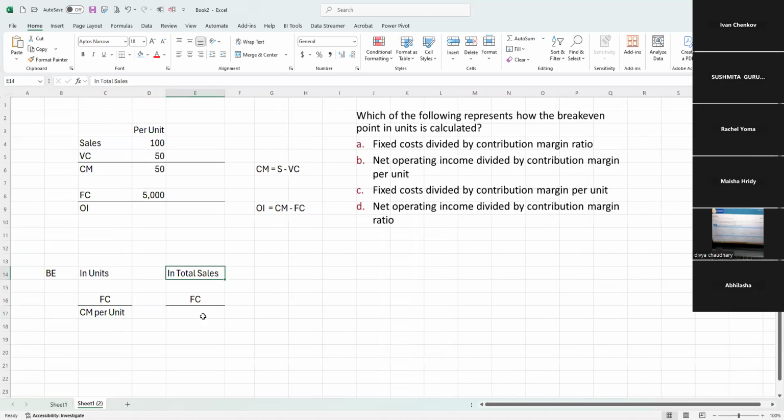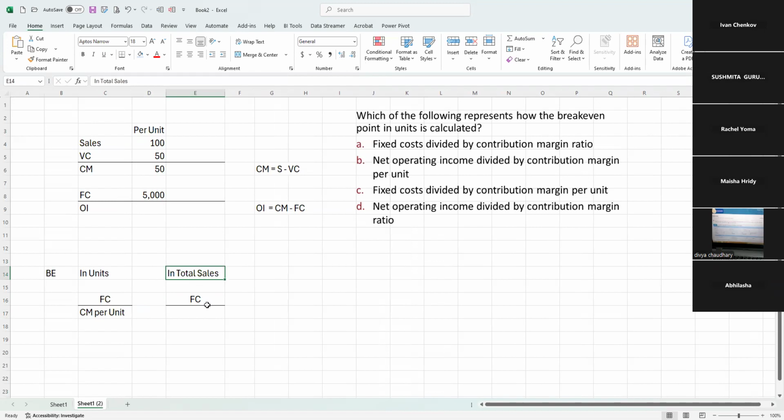Now, if I'm chasing the total sales, what's the unit of measure for the total sales? Unit into how much? What am I using to measure the total sales?